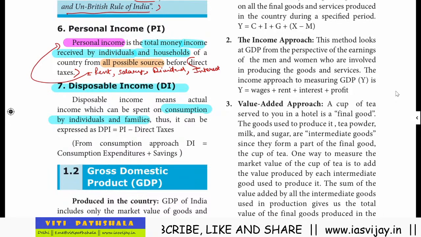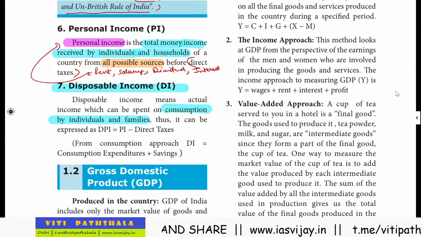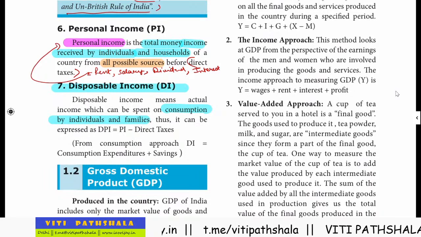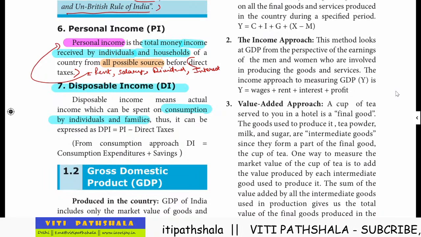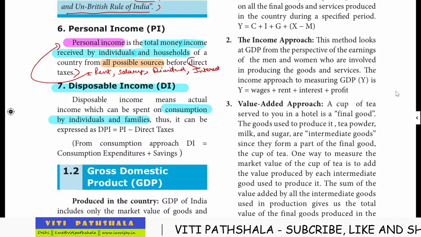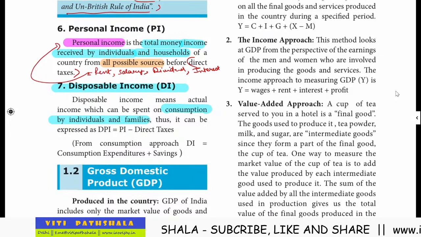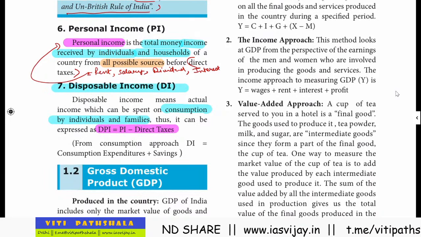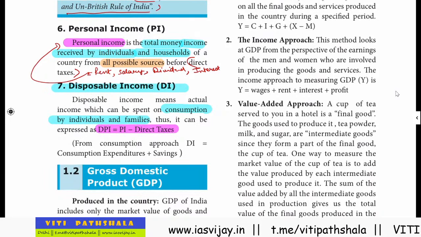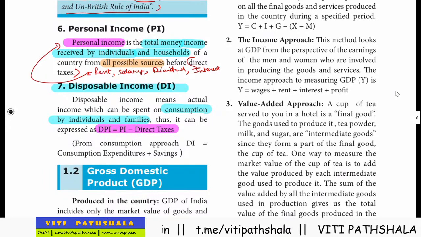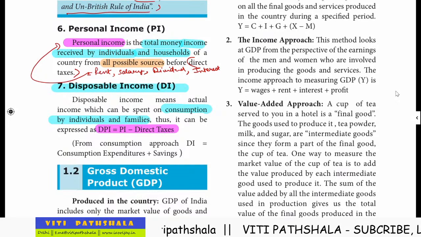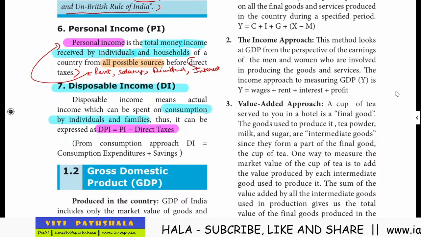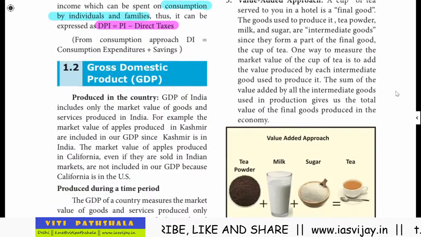It is the income which can be spent on consumption by the individual and family, thus it can be expressed as DPI. So DPI is equal to PI minus the direct taxes. Personal income, if you minus the direct taxes, then here comes the disposable income, the income in your hand that you can spend.